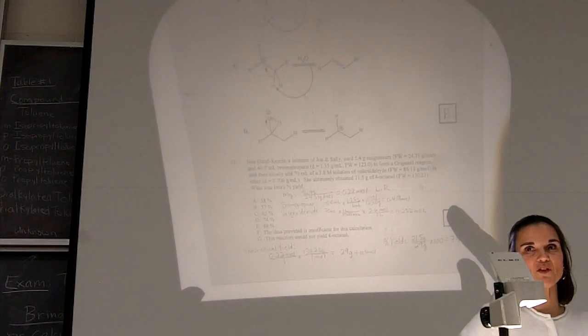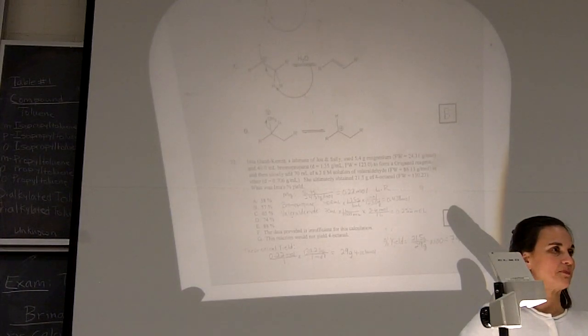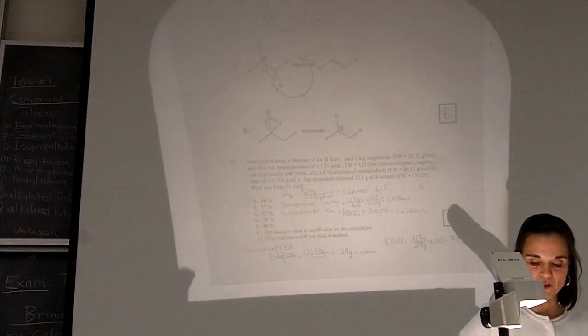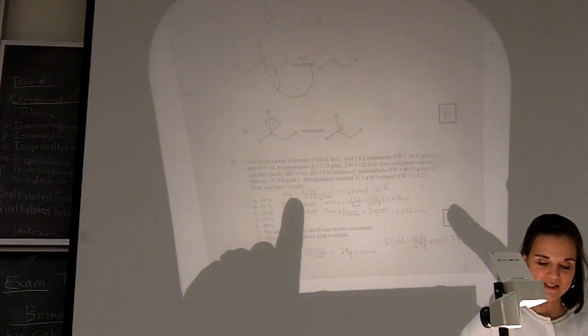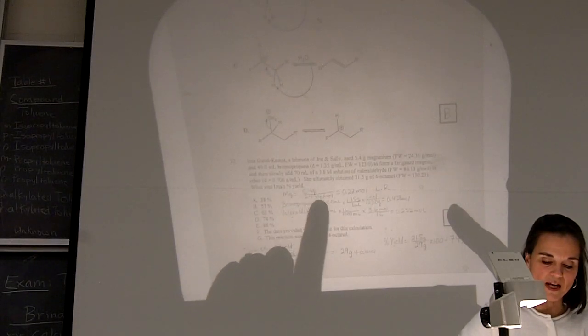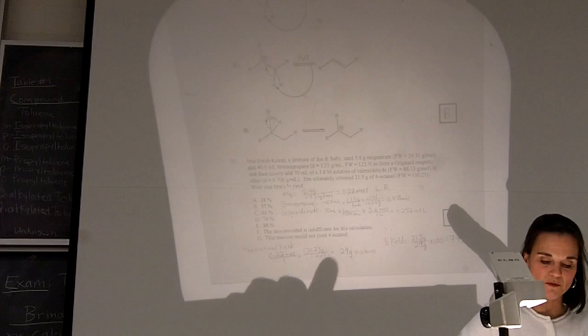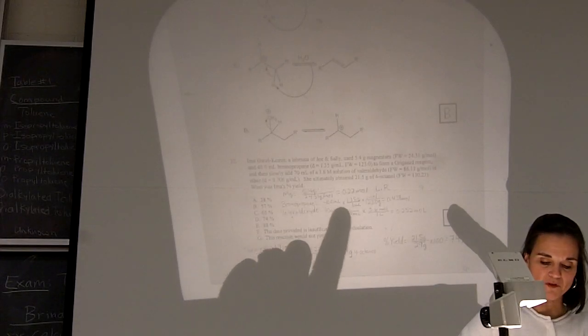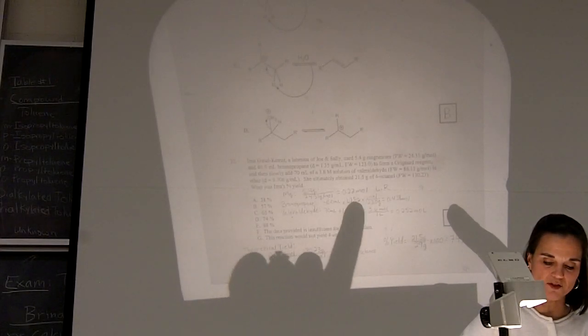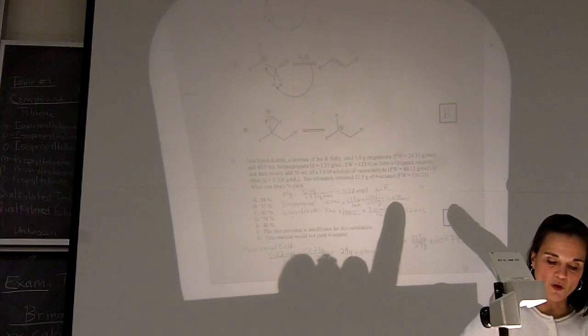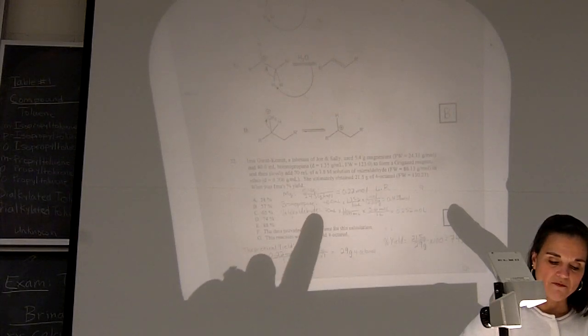So what do we have to first figure out? Theoretical yield. Before we figure out theoretical yield, what do we need to know? Limiting reagent. So we have to go through and find our limiting reagent. So magnesium, divide grams by molecular weight, 0.22 moles. Bromopropane, convert from milliliters to grams, then to moles, 0.439 moles.